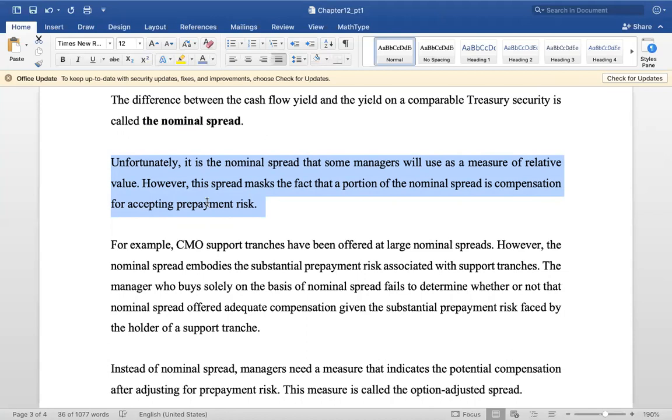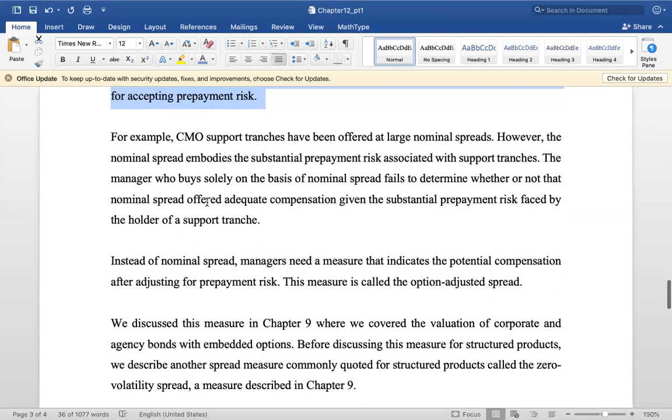The manager who buys solely on the basis of nominal spread may fail to determine whether that nominal spread offered adequate compensation given the substantial prepayment risk faced by the holder of the support tranche. Remember, support tranches have a greater prepayment risk, so analyzing solely on the basis of nominal spread is maybe not a good idea.